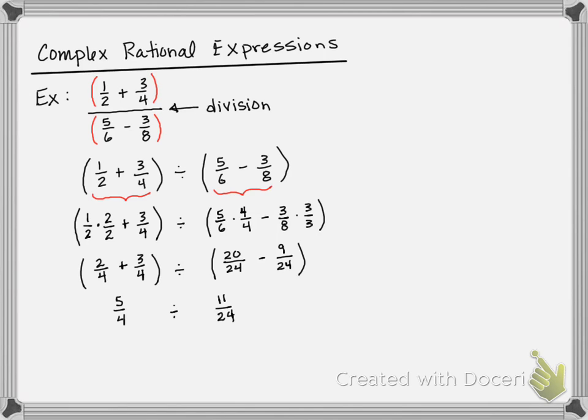Now we just have a single fraction divided by a single fraction, which we can do by multiplying by the reciprocal of the divisor. So we have 5/4 times 24/11. So we'll factor.